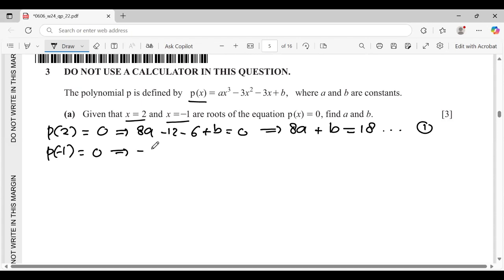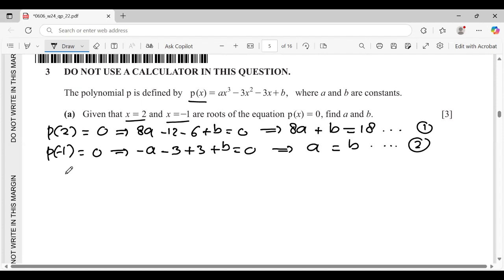it's going to be minus a minus 3 plus 3 plus b equals 0. So the equation becomes minus a plus b equals 0. It means a equals b. Next, substitute a equals b into the first equation.